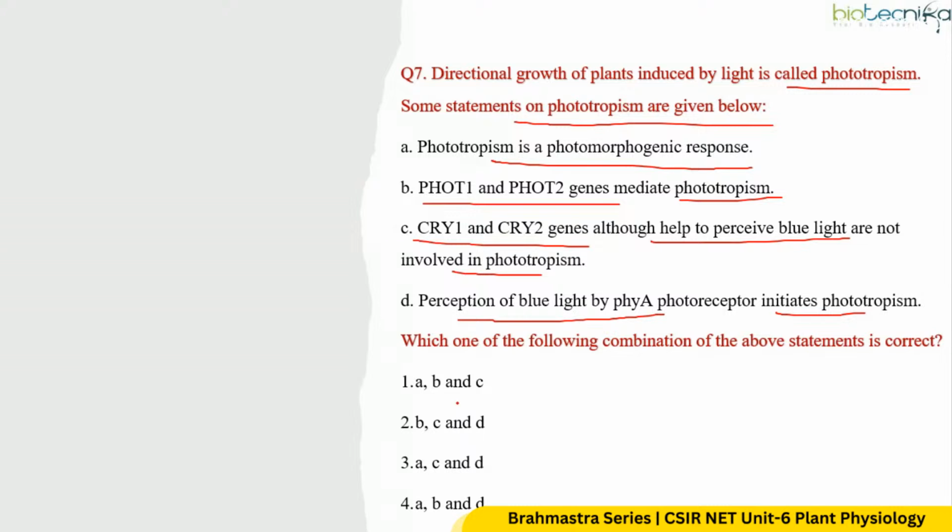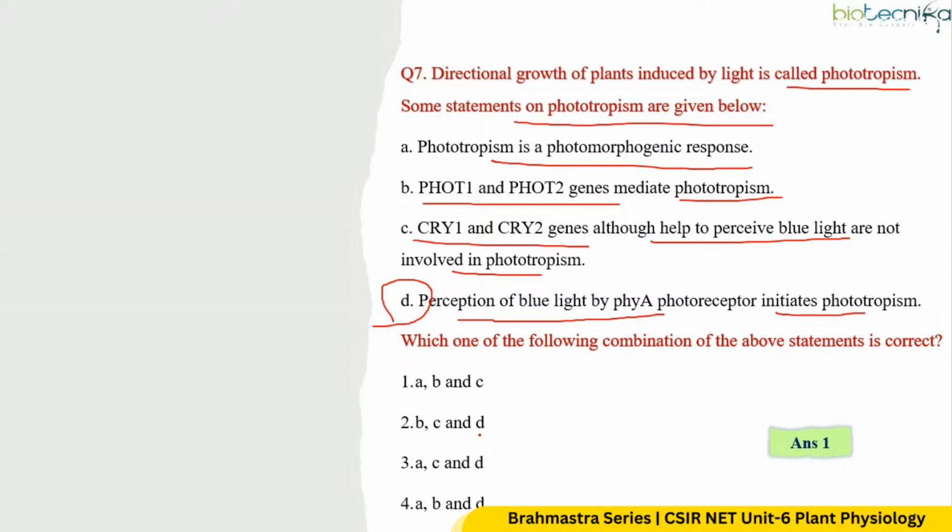Okay, then moving on to our answers now. So the correct answer, as you have all mentioned, is the first: statements A, B and C are correct. So can anyone tell me why statement D is incorrect? Sandhya has given some link to the answer.